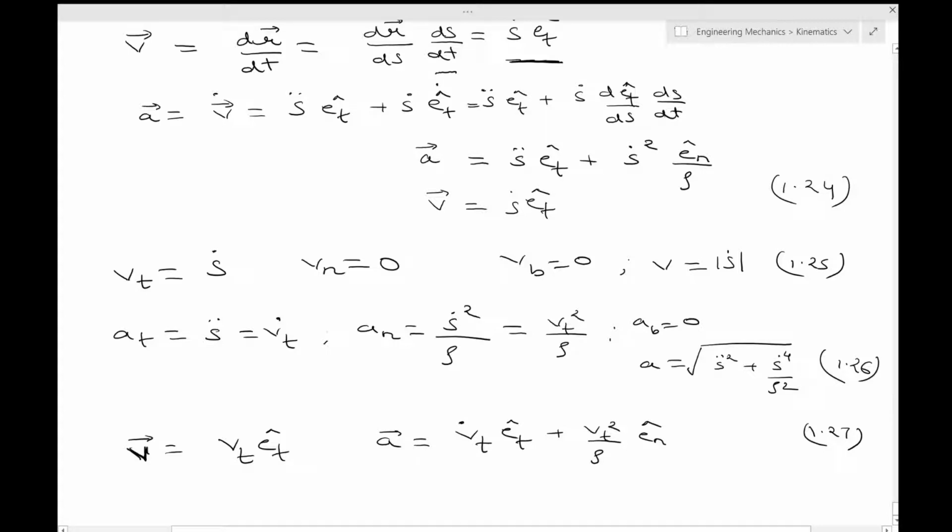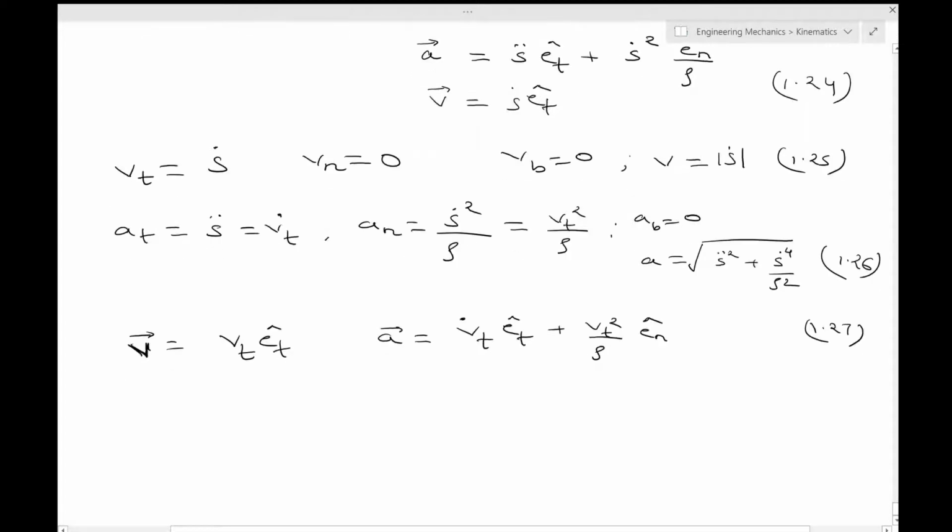So if you look at the acceleration over here, is it possible to conclude that at a given s, the acceleration is in the oscillating plane?